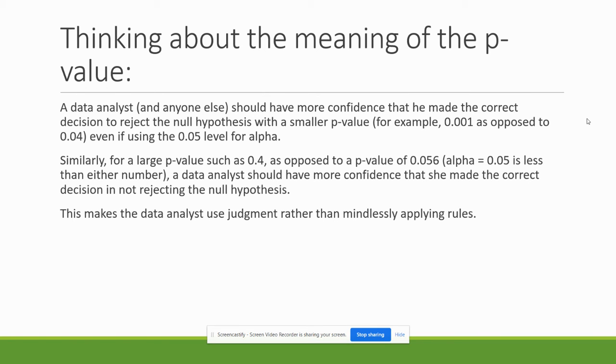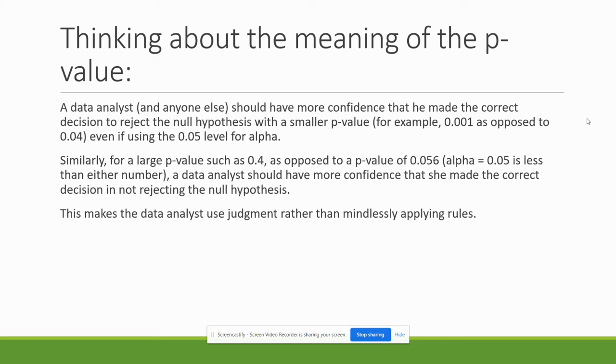Okay, so let's think about the meaning of the p-value. So a data analyst or anybody else should be more confident that he made the correct decision to reject the null hypothesis with a smaller p-value. So again, that 0.001 is a lot smaller than that 0.04 if I'm using a 0.05 for my level of significance or for the alpha.